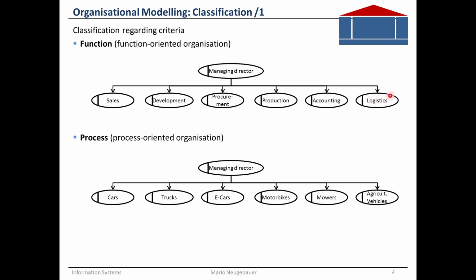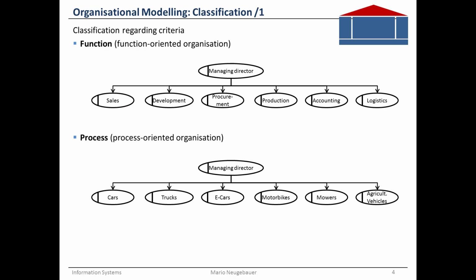So in logistics, for example, the people or the subordinate organizational areas take care only for the logistics within the company. And above all, you have the managing director, and the managing director is responsible for all the different departments with their functions.